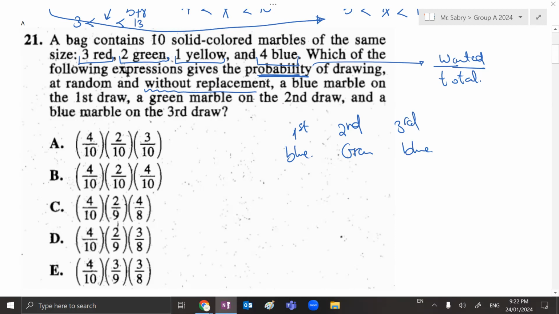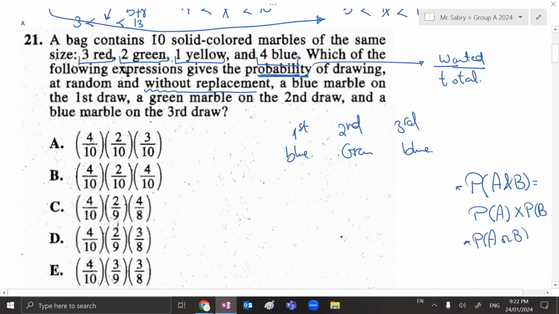So if you remember, and that's something we discussed last class, if we need the probability of, let's say, event A and event B, we get the probability of A and multiply it by the probability of B. But if we need the probability of event A or event B, then we get the probability of A plus the probability of B. Now in this scenario, they're saying they're going to draw three different marbles: the first marble, the second, and the third.